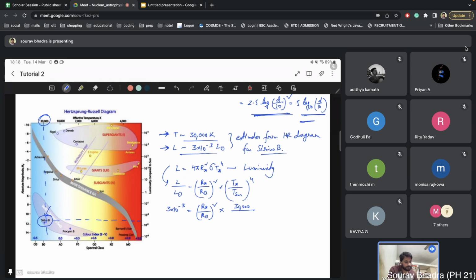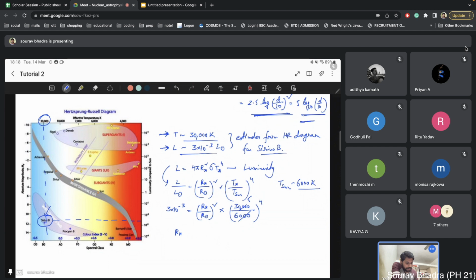Okay, for simplicity we will take T sun as roughly 6,000 Kelvin to the power 4. This will give you roughly 5.